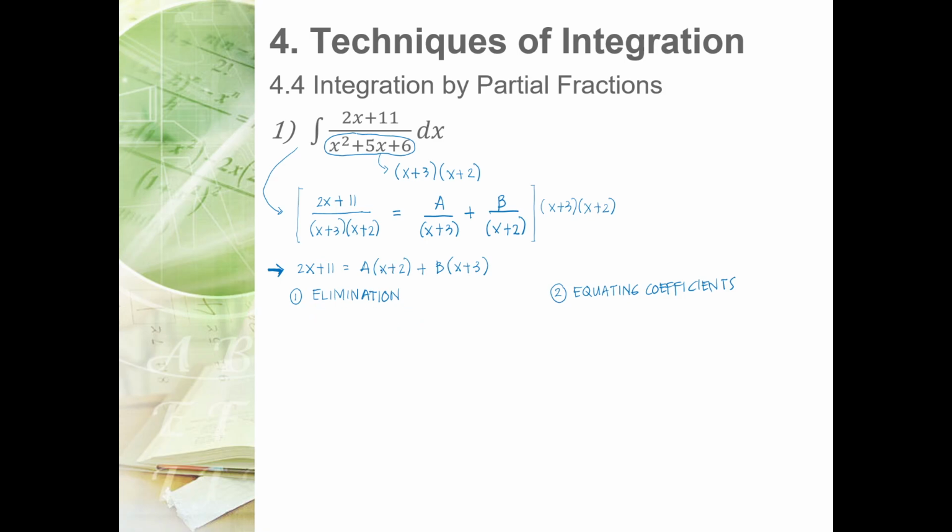So for example, I'm going to utilize again the formula here. If I want to retain A, I want to have my value of x as -3.